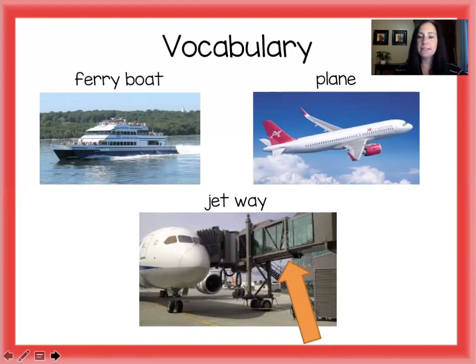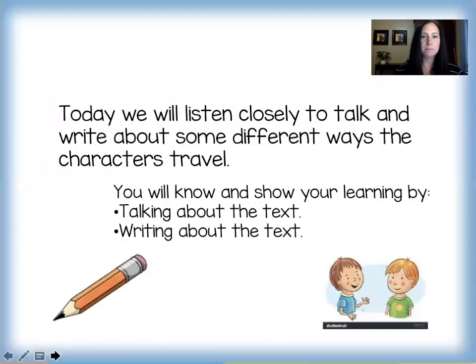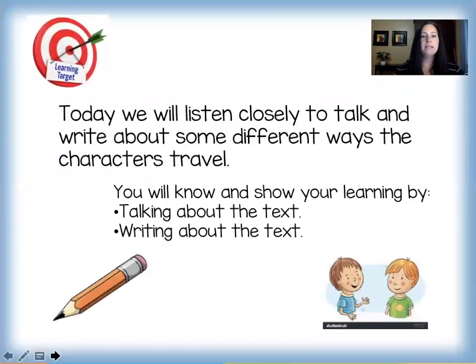So I want you to be listening for those words today. Today our learning goal will be listen closely to talk and write about some different ways that characters travel. You will know and show your learning by talking about the text and writing about the text.